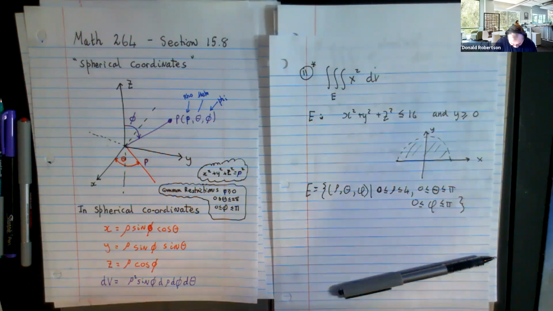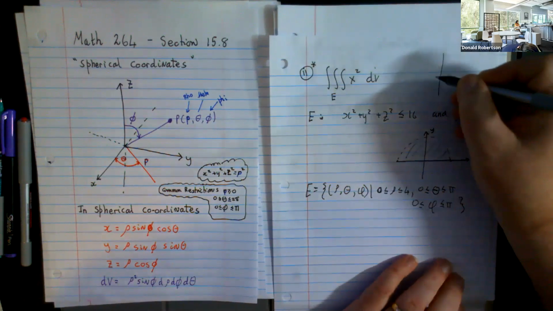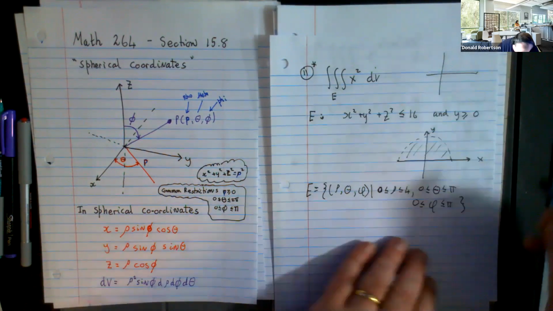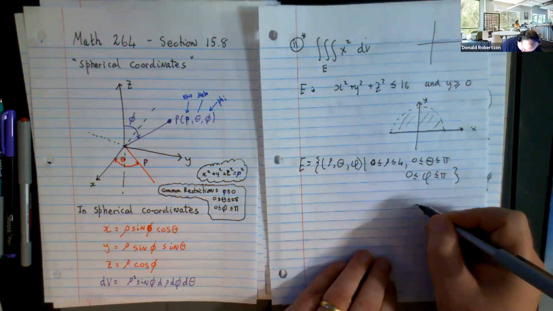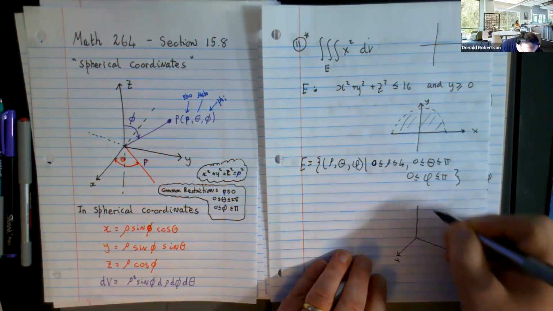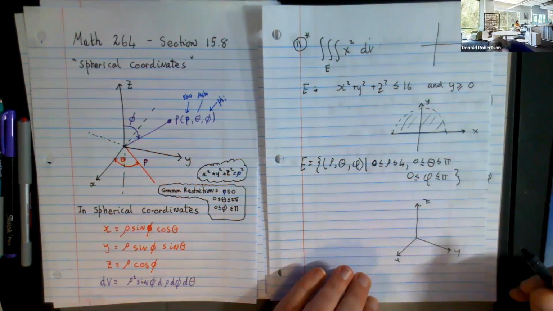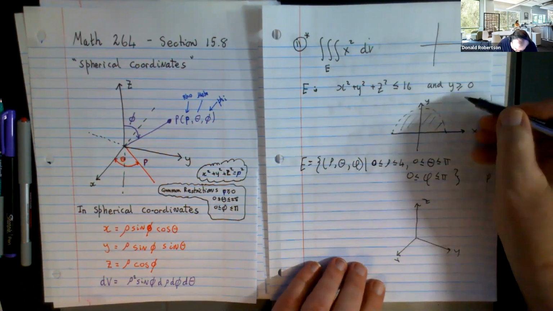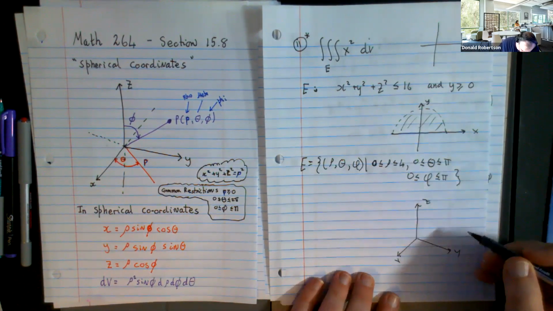So the orientation, I'll try and draw this down. The orientation would look something like this. You're allowing y to be positive, but only positive.